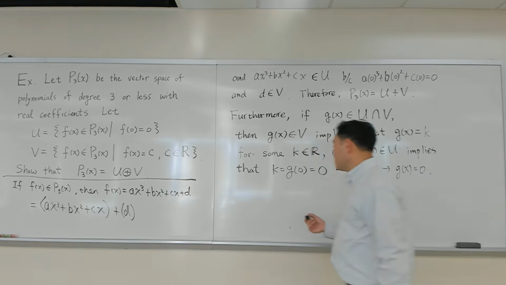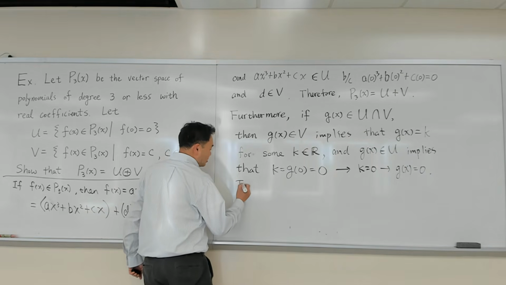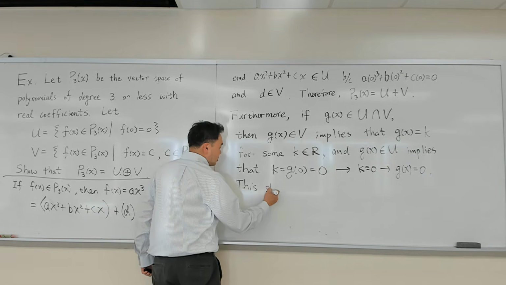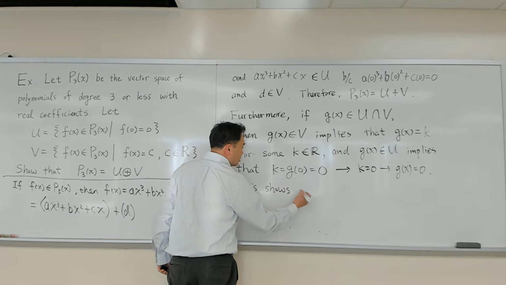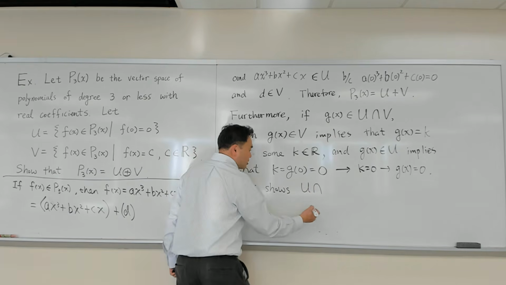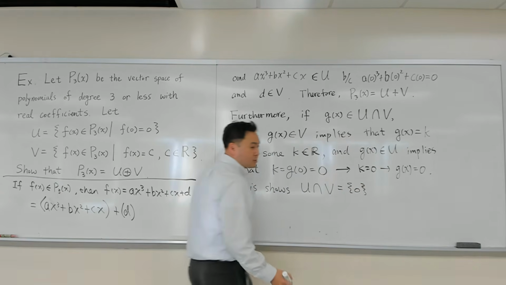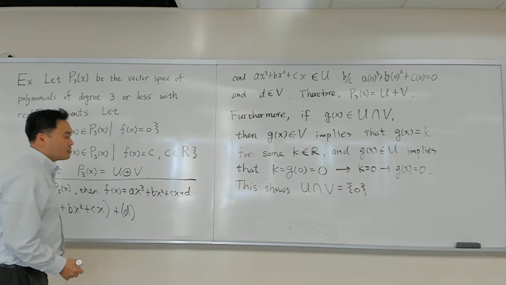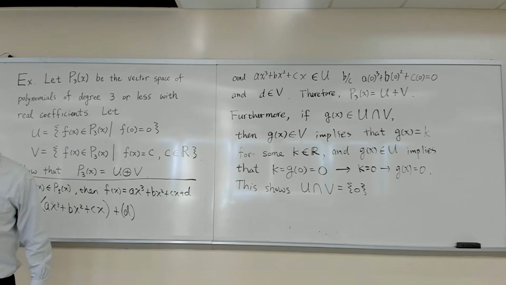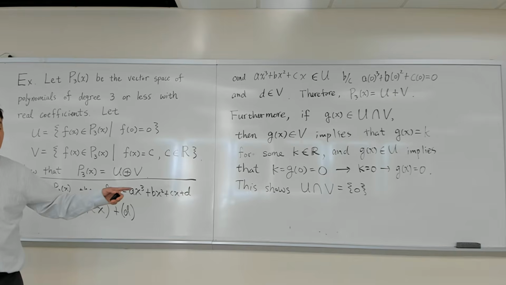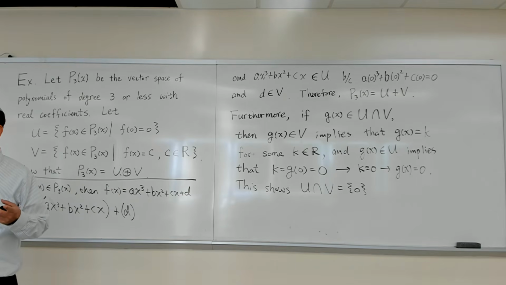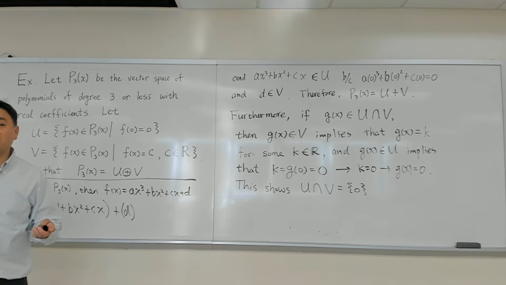So this shows U intersect V is {0}, and therefore, what's the number of the theorem in Linear Algebra Done Right? 1.44, 1.45, right?